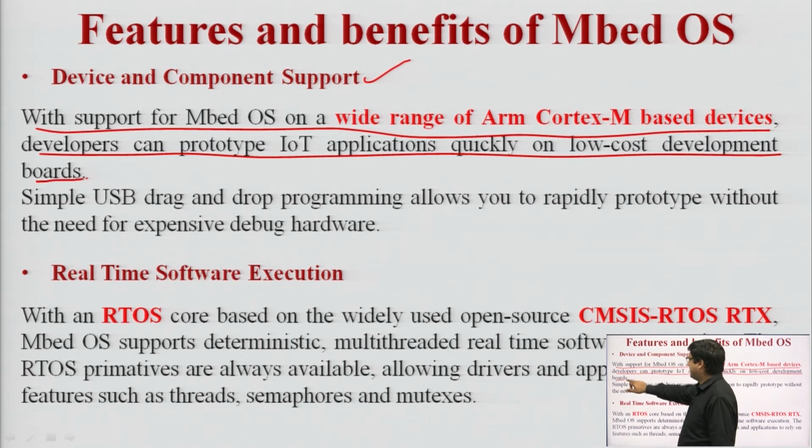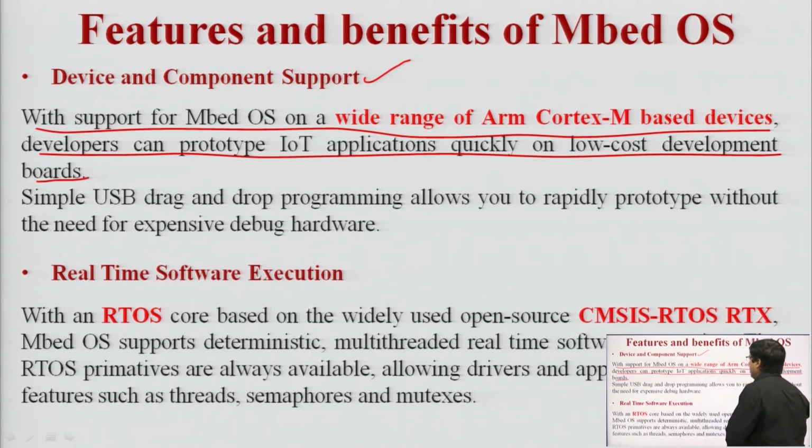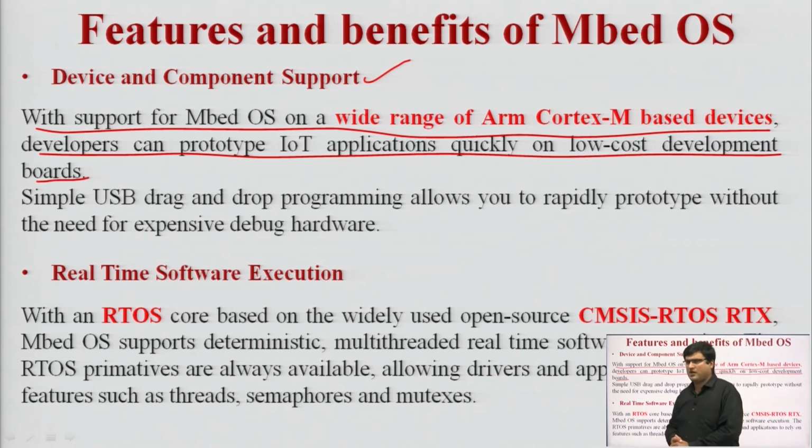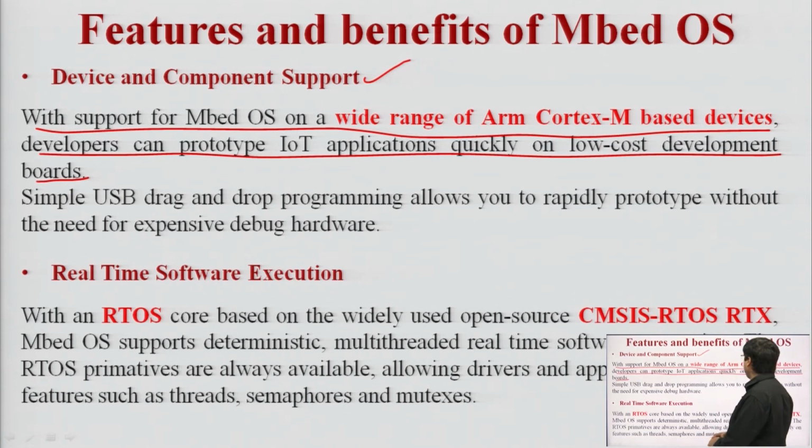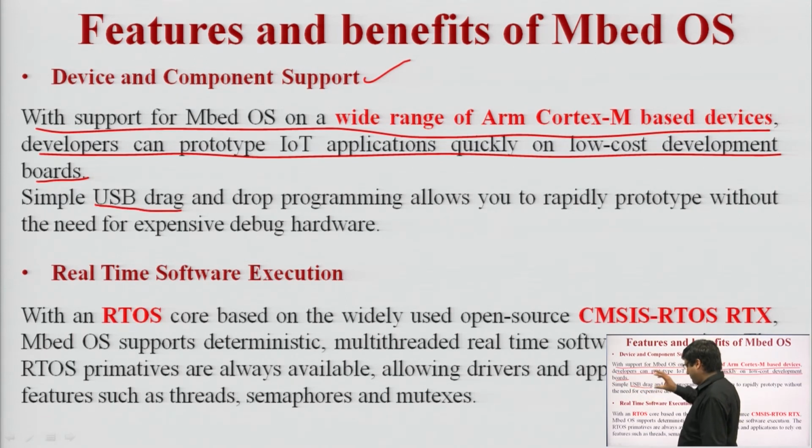So any prototype can be developed for IoT applications. You can develop any rapid prototype, and you can use that prototype on development boards. The hardware development boards we are talking about are very low cost devices. They have a simple USB port available, which can easily be used.